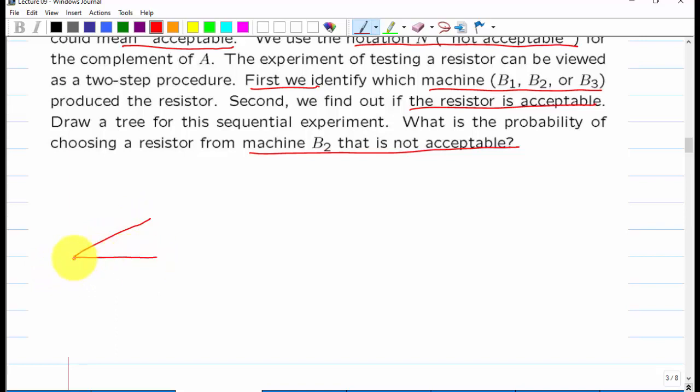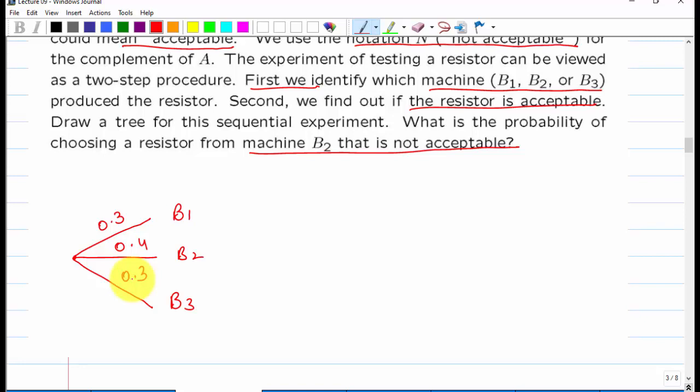Here we can clearly see these branches could be B1, B2, B3, the three machines which are manufacturing the resistors. We know that the probability from machine B1 is 0.3, it is 0.4, and it is 0.3.